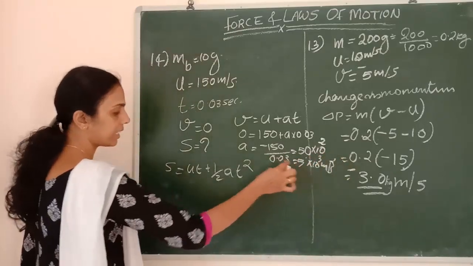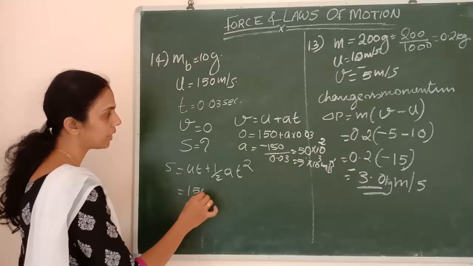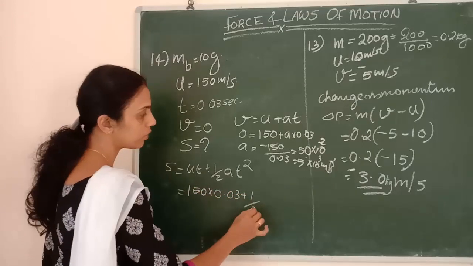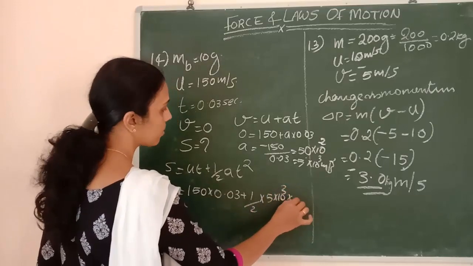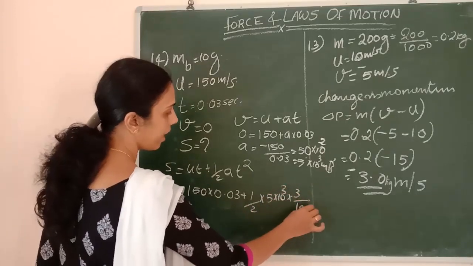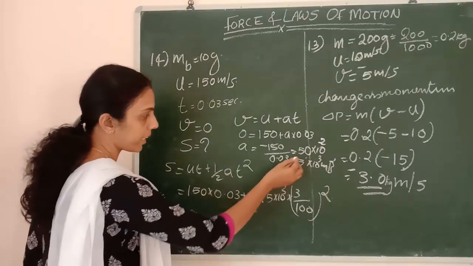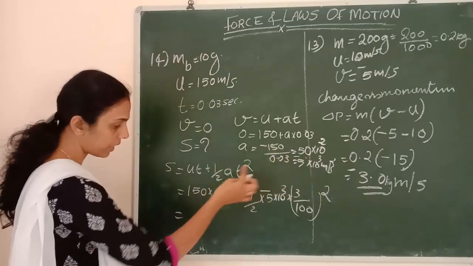So this is acceleration. Applying it here, S equals 150 into 0.03 plus half into 5 into 10 to the power 3 into 3 divided by 100 the whole square. Half AT square, A is negative, right? So here the minus sign, retardation.